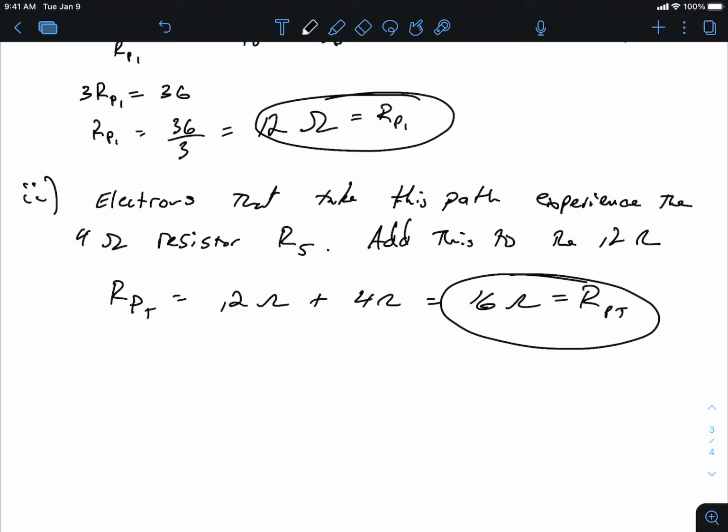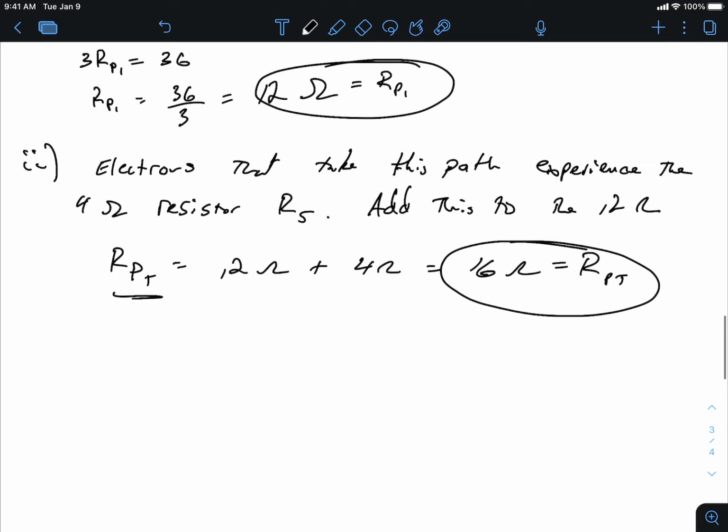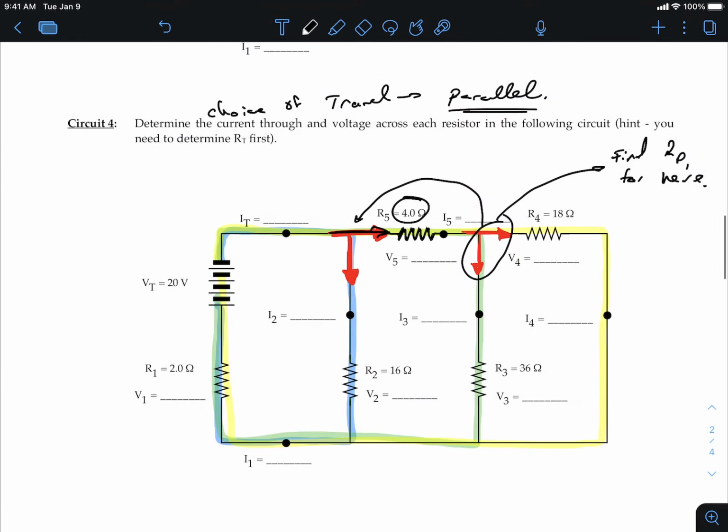Okay, now, as I said, we're looking for this RP total, the total amount of resistance that the electrons or vehicles are going to experience in this entire circuit, right? But part of what we just did there was incorporating this 4 ohms of resistance.